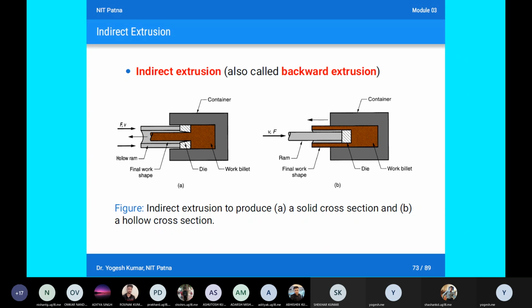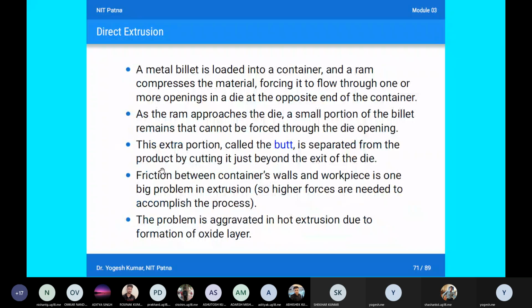Okay, so here one important advantage that is noticeable in the case of indirect extrusion is that there is no relative motion between the container wall and the work billet. In the case of direct extrusion, what was the major issue? Friction between the container wall and workpiece is one big problem.